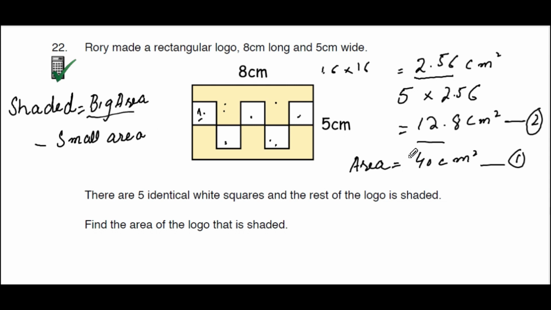So big area is equals to 40 centimeter squared and small area is equals to 12.8. So when we will take away 40 minus 12.8, we will be left with 27.2. Okay, so this will be the area of the shaded part.